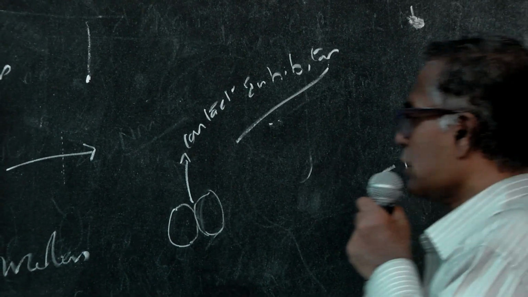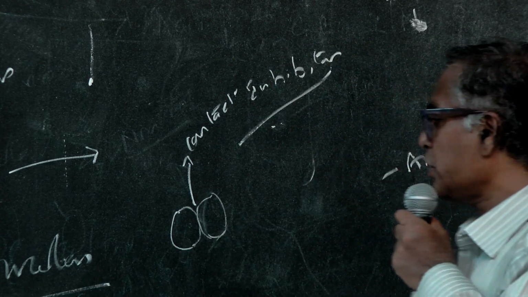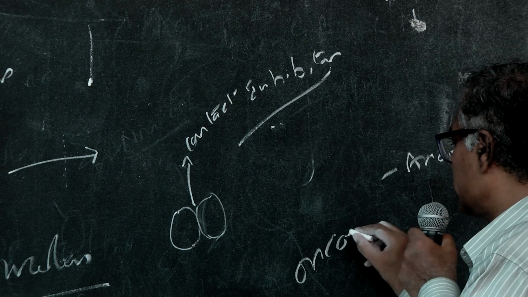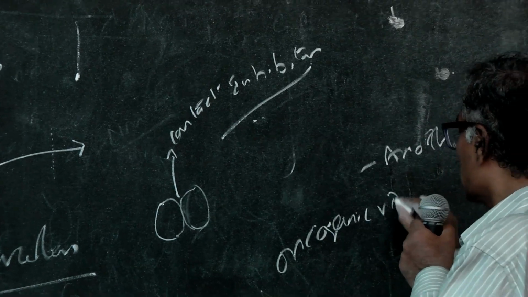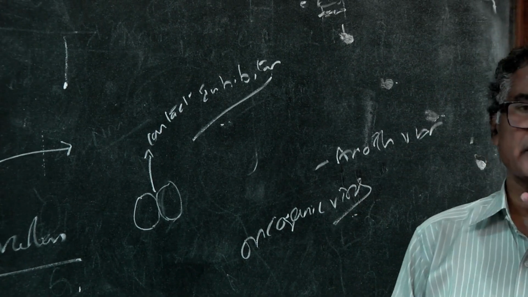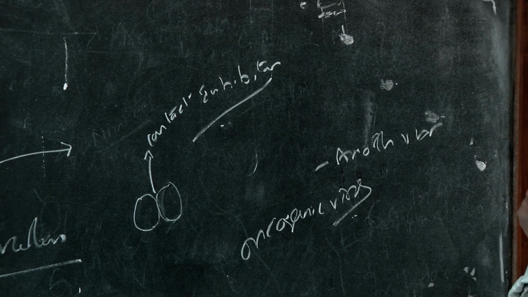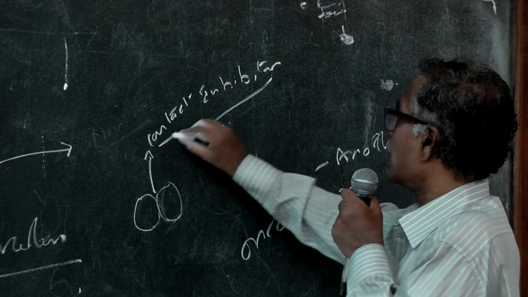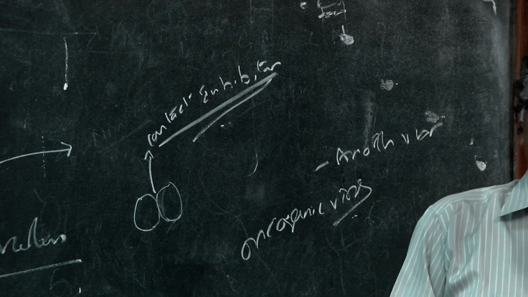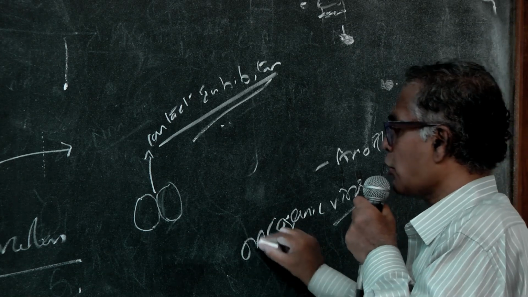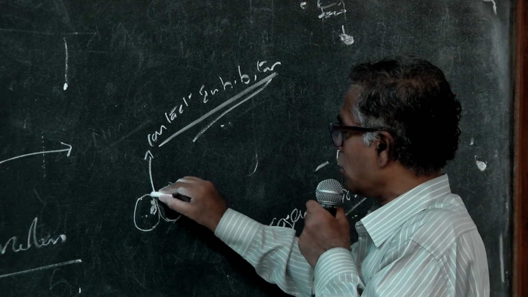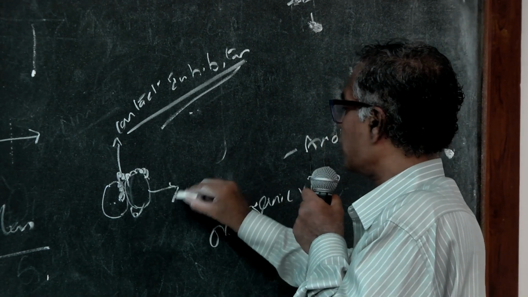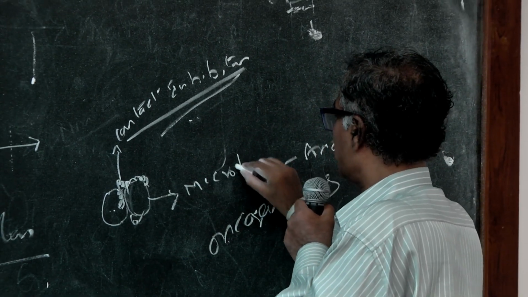However, if we add oncogenic viruses into this viral medium, these oncogenic viruses growing in the cells inhibit the contact inhibition. So the cells grow on and on, everywhere. It results in the formation of microtumors.